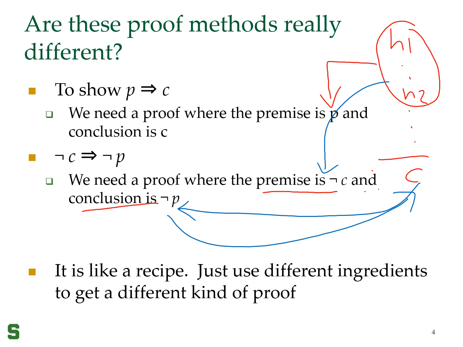The only thing that is different, it's the same kind of recipe. The only thing that is different is every time you add different ingredients or add ingredients from a different box. If you're going to do direct proofs, then the thing that you add in the middle would come from P. If you're going to do an indirect proof, the thing that you add will come from not C.